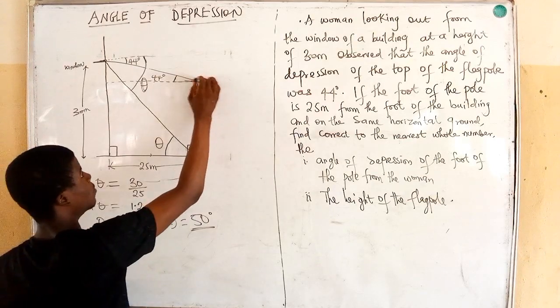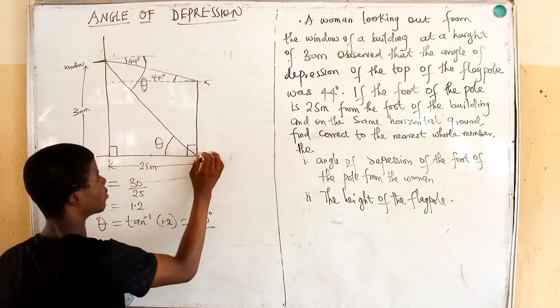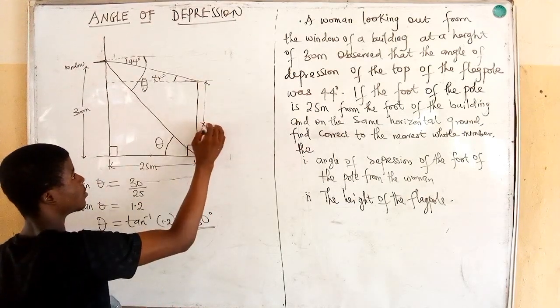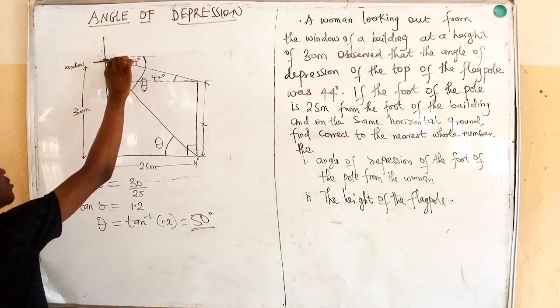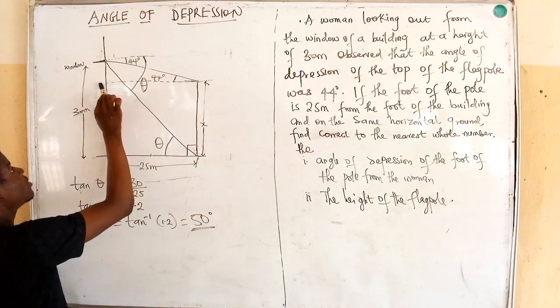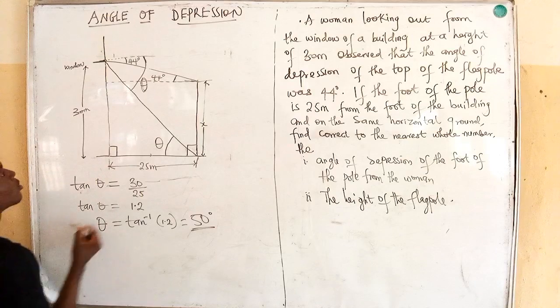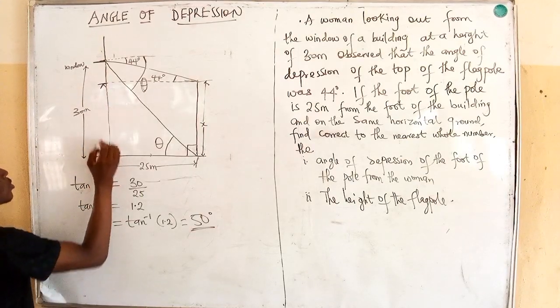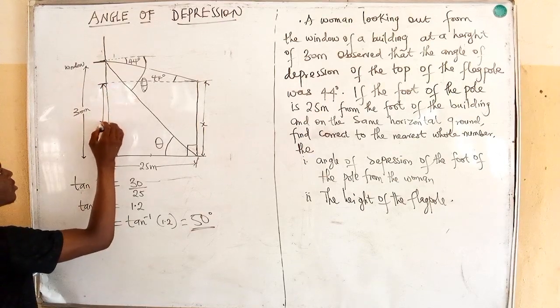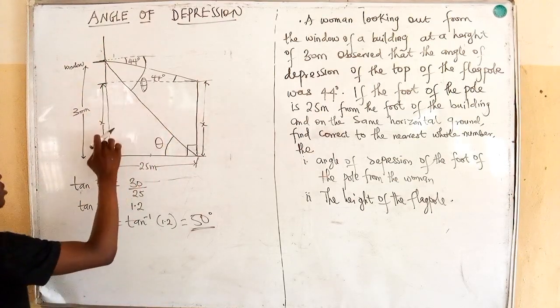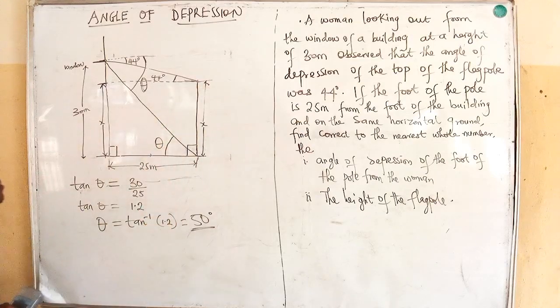This is the flagpole. So the height of the flagpole, let's call it x. The sum of all distances here equals what? 30 meters. And part of this distance, note that this distance from here to this point is also what? X. Because these two sides are equal. So here is also x and here is x.